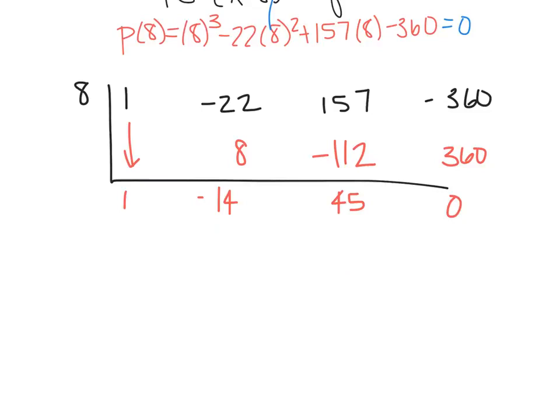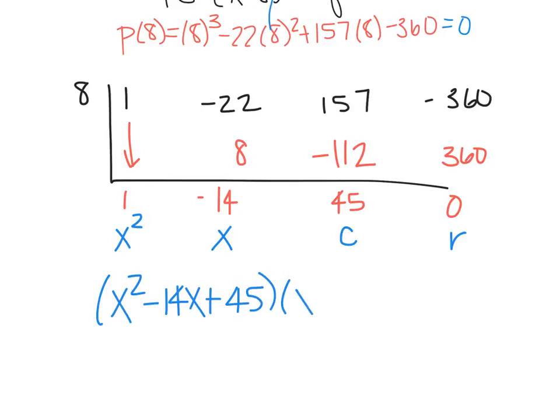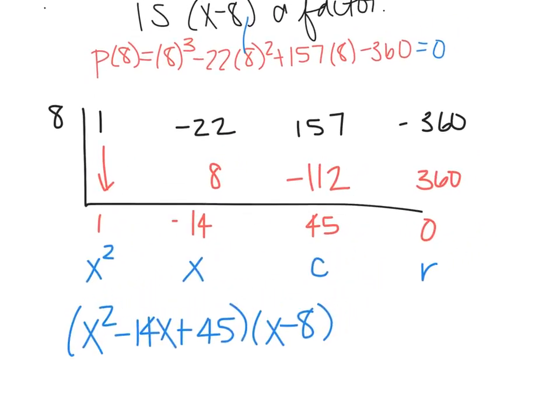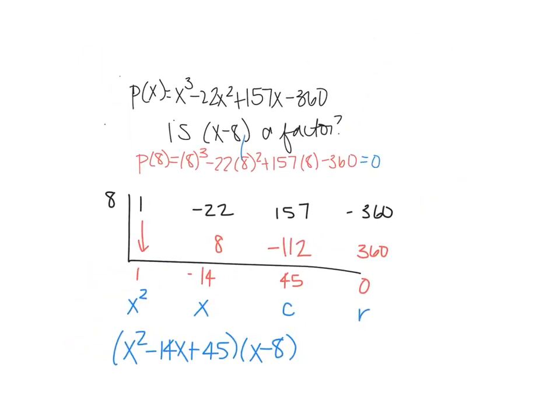So then labeling everything, starting from the right end, wrong direction, sorry. It's the remainder and then the coefficients. Okay. So I could say that x squared minus 14x plus 45, not 55, plus 45, times x minus 8, is going to give me, if I would actually multiply that out, my original function of x to the third minus 22x squared plus 157x minus 360.